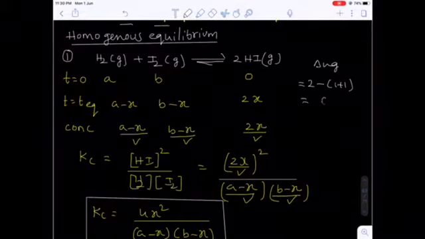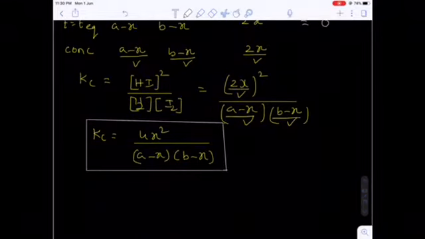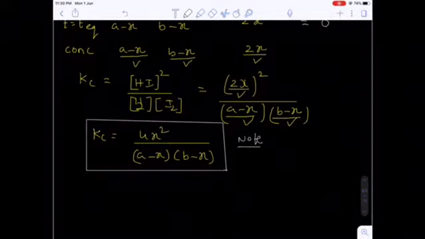So delta Ng is equal to 0. For reactions in which the delta Ng value is 0, the Kc value is independent of the volume of the container. This is a very important key point.